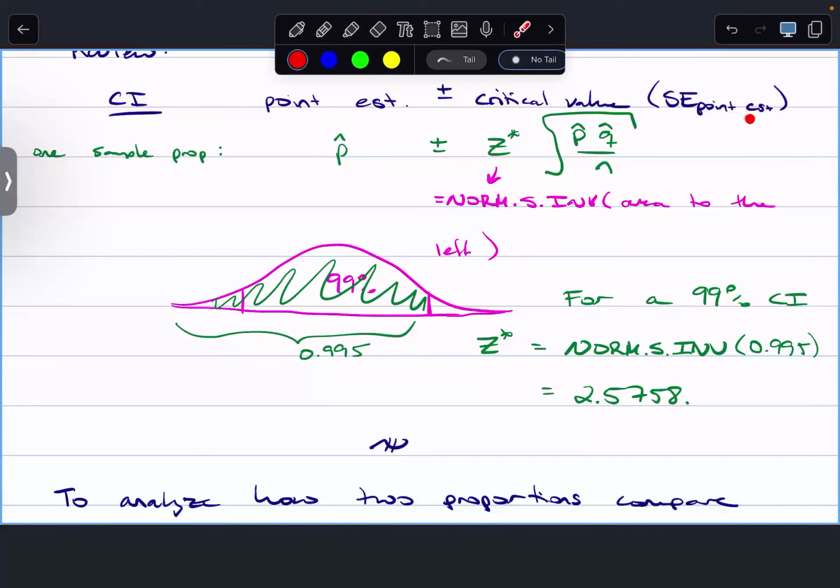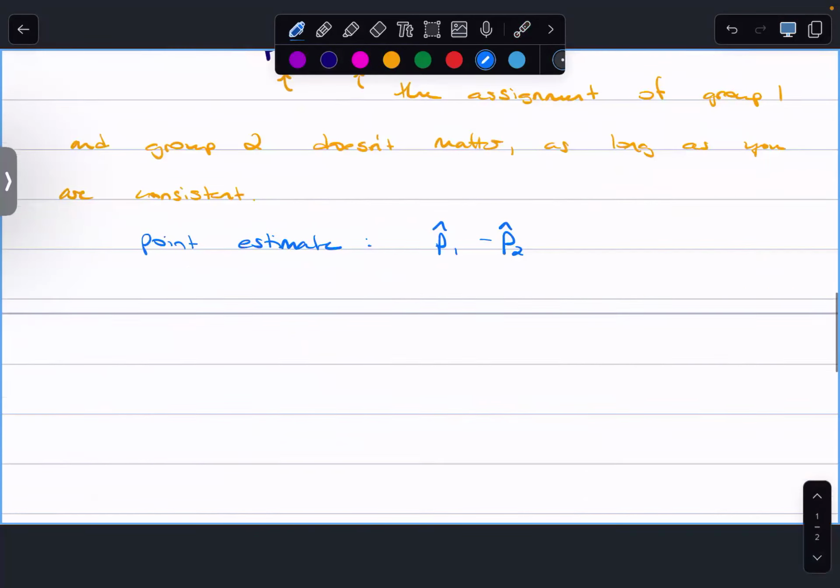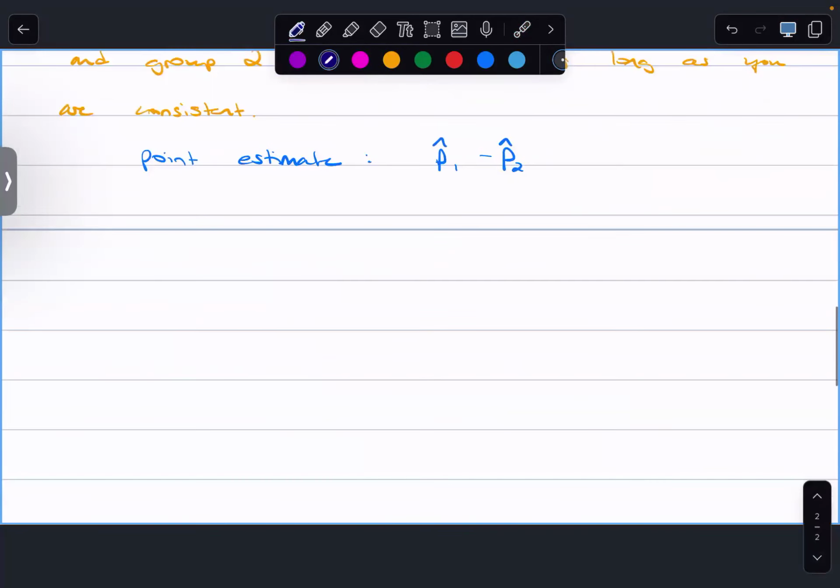But we need to figure out what the standard error of the difference in the proportions might be. And so for a confidence interval, I'm just going to tell you, the standard error of P1 hat minus P2 hat is going to be this.